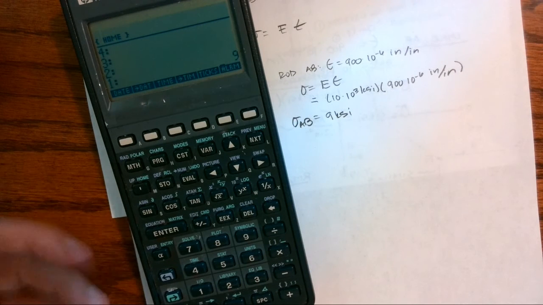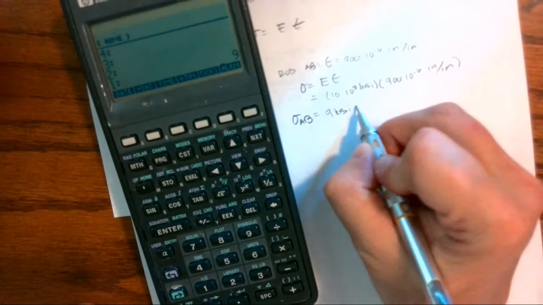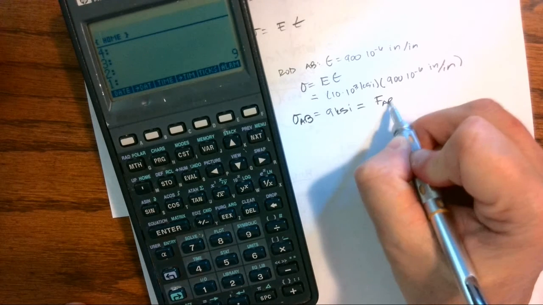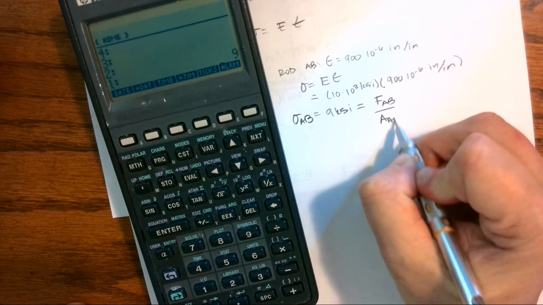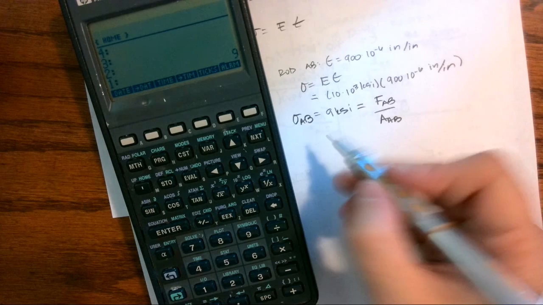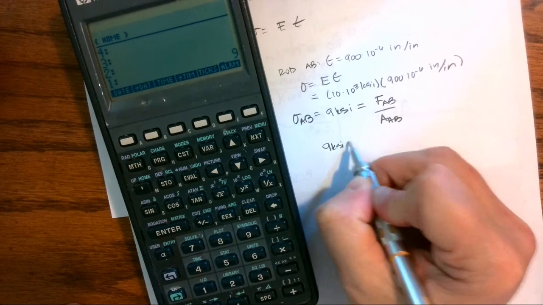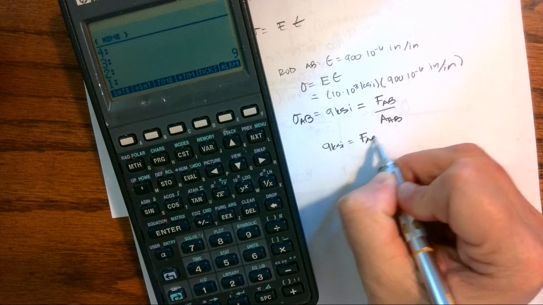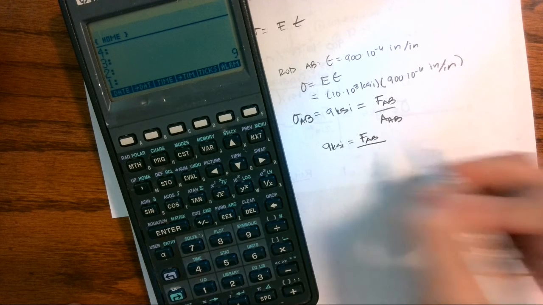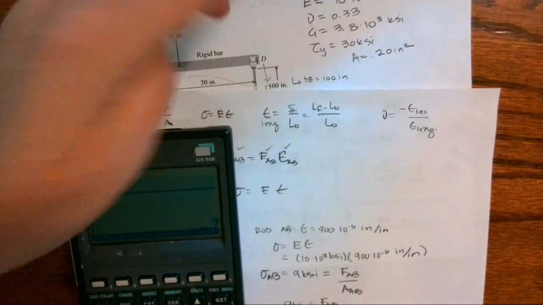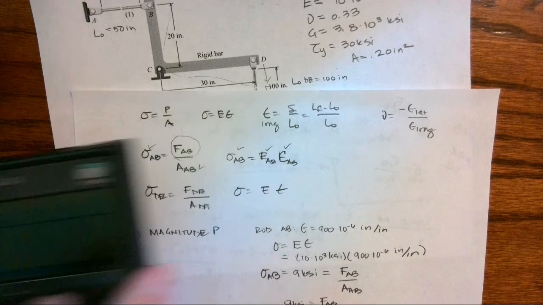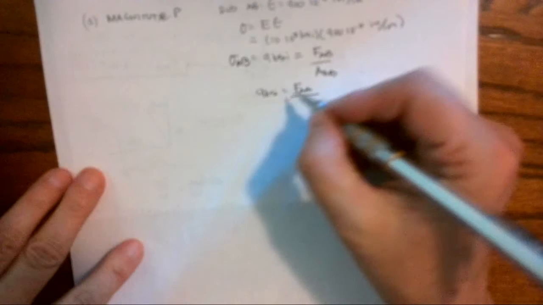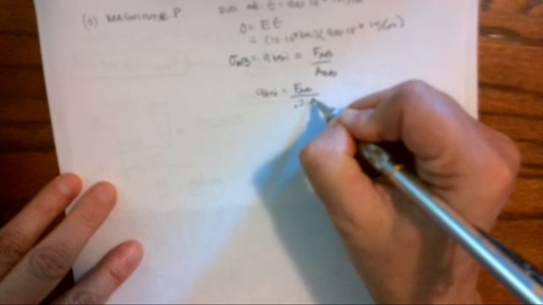And what do I know about stress? Stress equals the force in AB divided by the area of AB. So I have that 9 KSI equals force in AB divided by the area. I can go back to my original informational chart. That's why I like to have everything organized so I don't have to read over and over. And I have 0.2 inches squared.